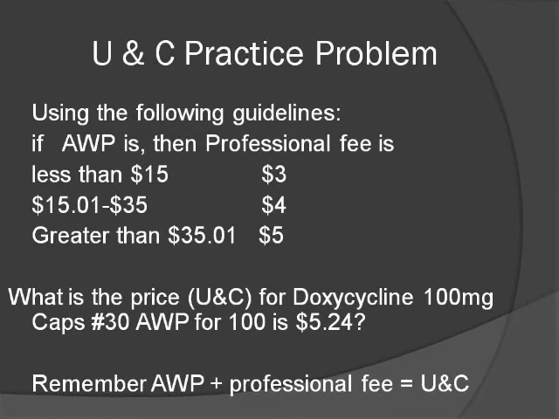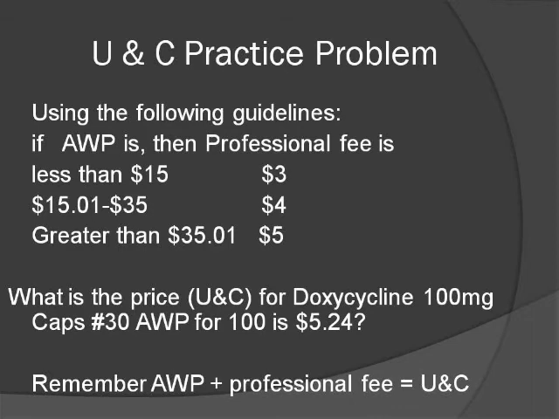In this problem, we're to use the following guidelines. If the AWP is less than $15, then the professional fee will be $3. If the AWP is $15.01 to $35, then the corresponding professional fee is $4. If it's greater than $35.01, then the professional fee will be $5.